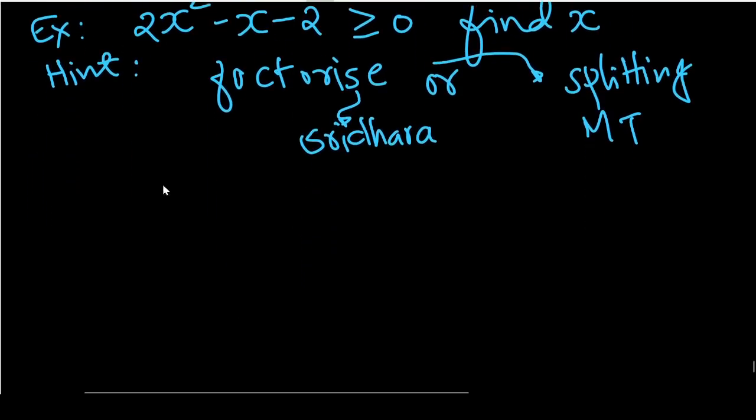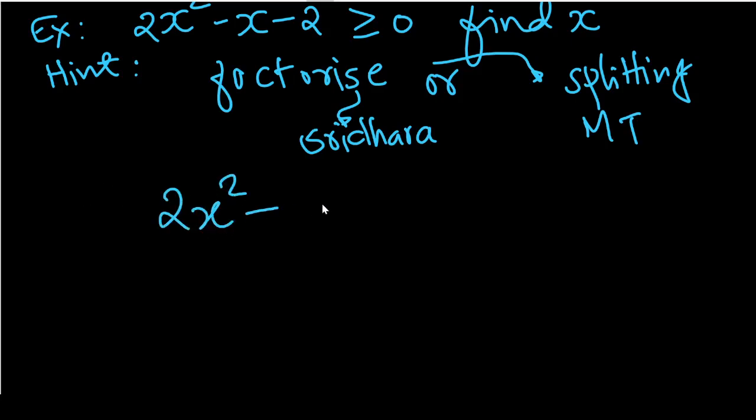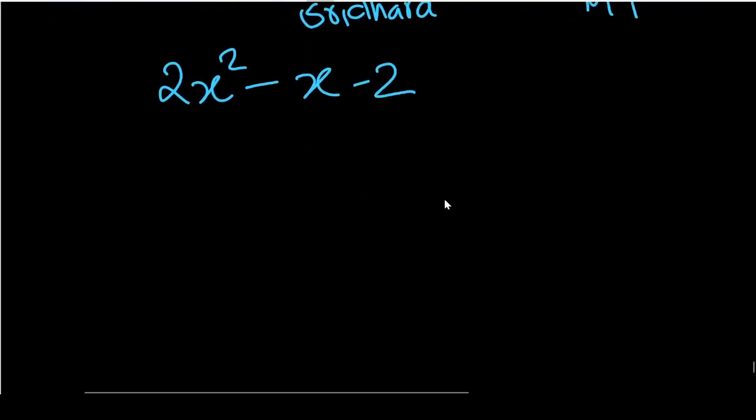So if you see 2x square minus x minus 2, we cannot factorize it, because if you multiply the coefficient of x square and the constant term, 4 cannot be multiplied in such a way to give the answer as plus 1 or minus 1.